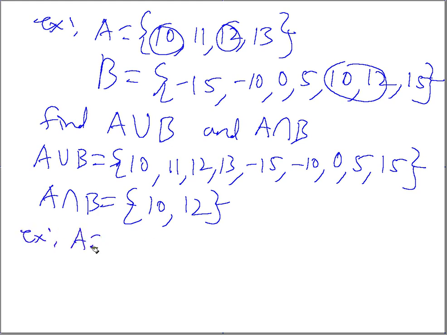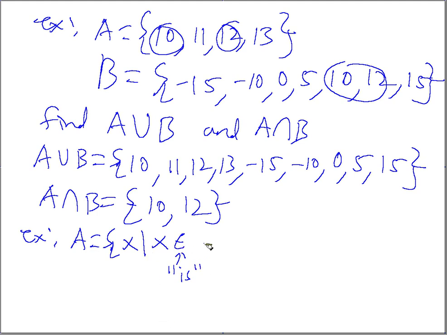Let's make set A the set of all real numbers x such that x, this little symbol here, is the epsilon symbol in mathematics. But basically you read this as the word "is." Okay?